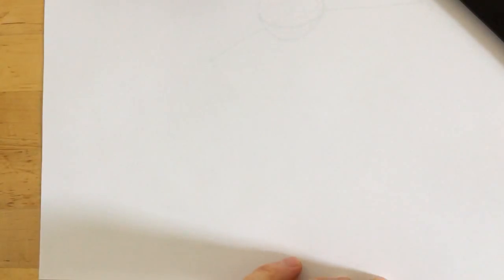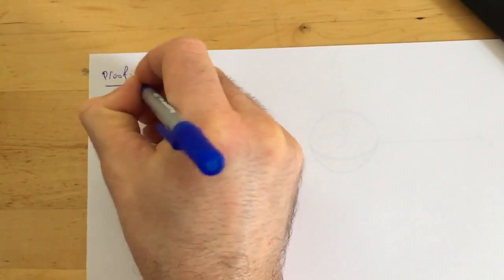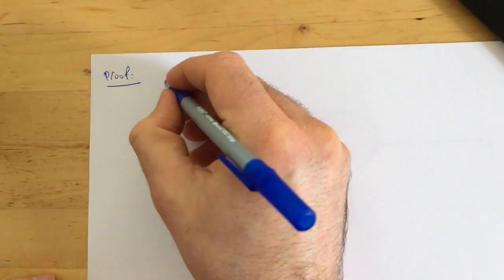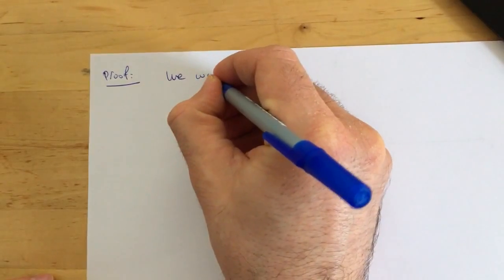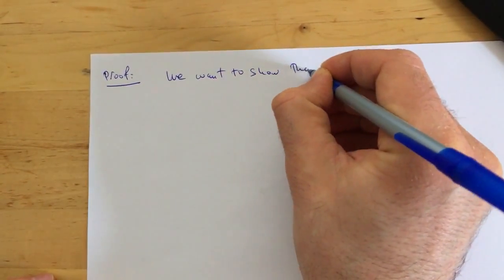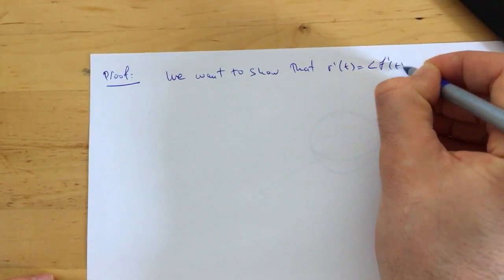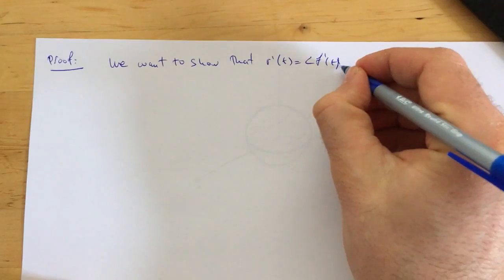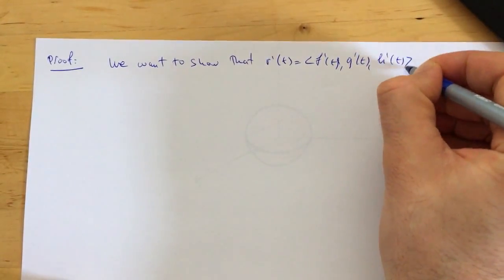Okay, so let's prove this theorem. We want to show that r prime of t is equal to f prime of t, g prime of t, h prime of t.